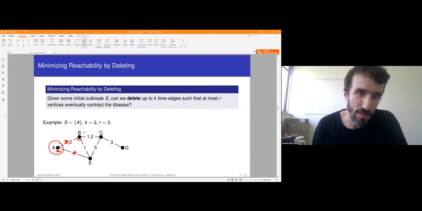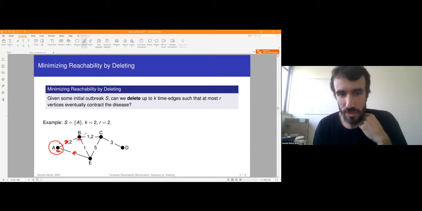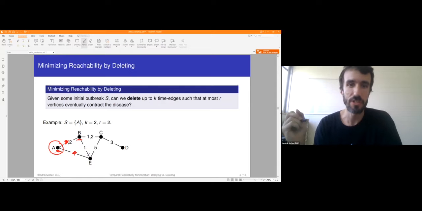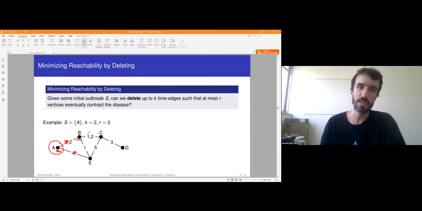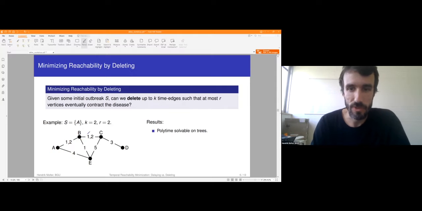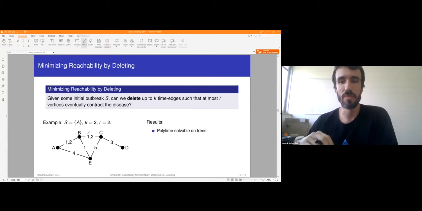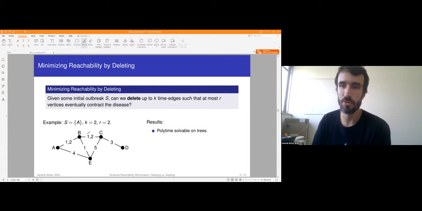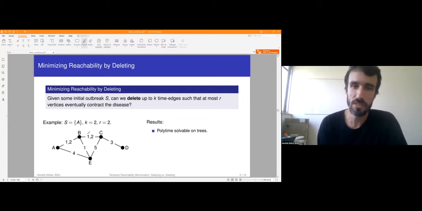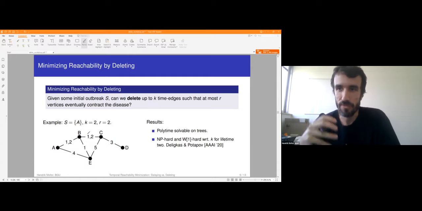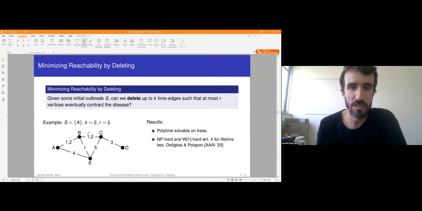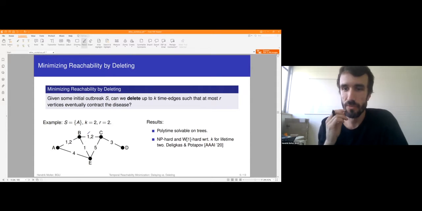The outbreak reaches B at time 2, and then it cannot continue in a strict fashion anymore. So there are in total 2 vertices, A and B, which are infected. And what is known about this is that it is polynomial time solvable on trees. So that's one of our results for this problem. What was already known by Diliktas and Potapov, even though they didn't explicitly consider this version of the problem.